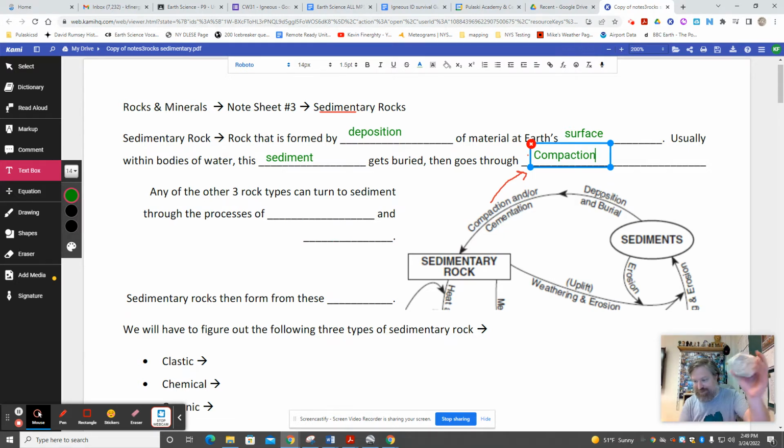I have a piece of sandstone right here. So sandstone's made of sand, right? That's it. Take sand and compact it. And the way that's going to happen is that more and more sand gets deposited on top of it. And cementation. What that means is that as the water that's being squished out of this leaves, there's minerals in water.